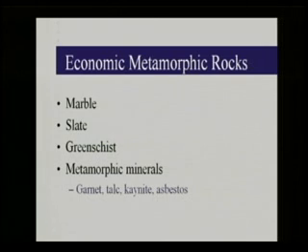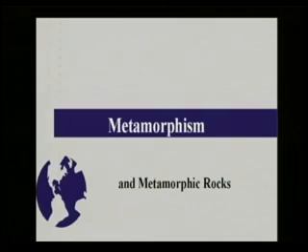Green schist is also used as a building material in some areas, and metamorphic minerals have value as well, such as garnet, which is January's birthstone in gemstone quality, but garnet can also be used as an abrasive and a polishing agent. Talc, used as an additive in many things, including powders. Kyanite and asbestos. Asbestos is used, of course, as an insulating material.